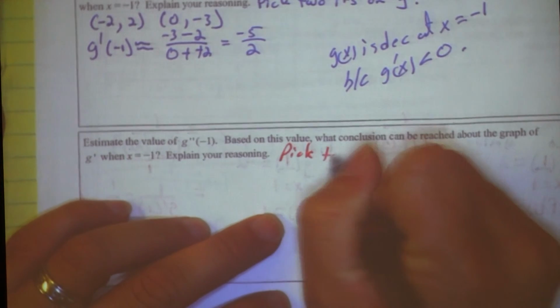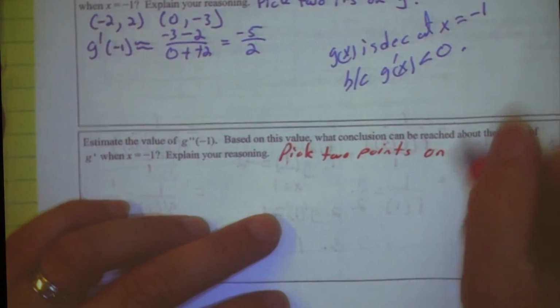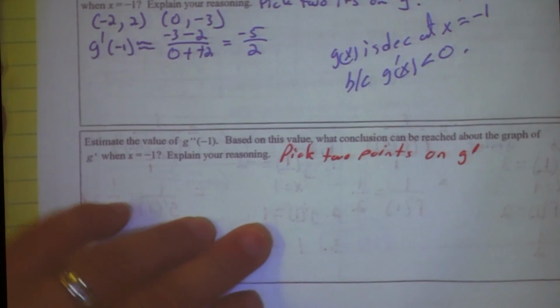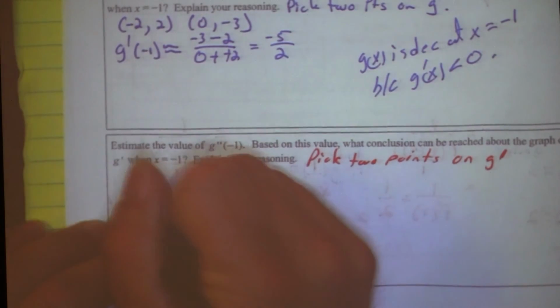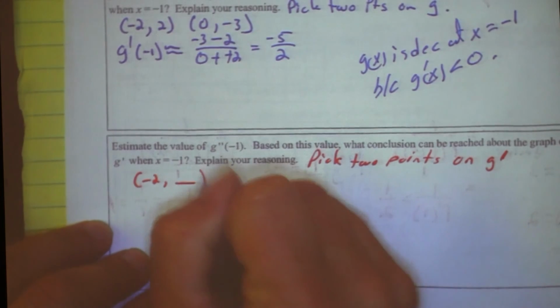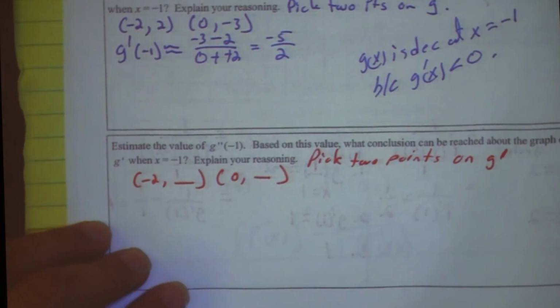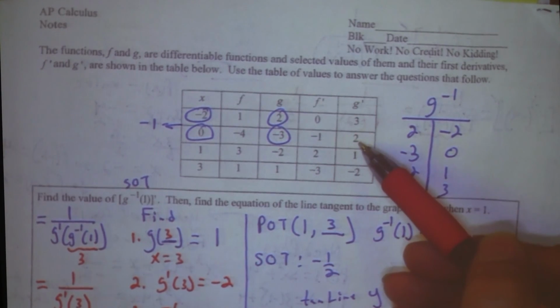So here, for this one, I need to pick 2 points again. But they have to be on what? On the first derivative, right? The previous graph to it. So what would be 2 points to use there? We're still going to use negative 2, and we're still going to use 0 because those are still around negative 1. But now what are going to be my new y values? 3 and 2, because now we're thinking of them as being points on that particular graph.